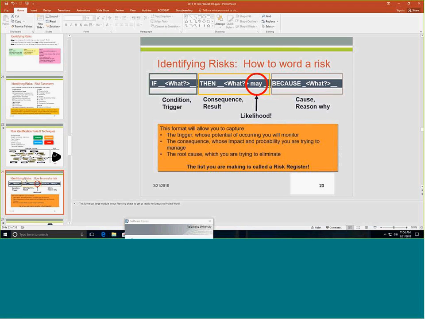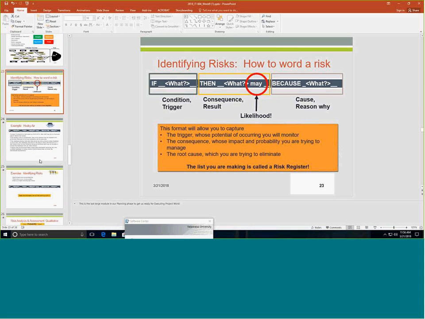Now, as we look at risks, there is a certain grammar that we need to use in order to describe a risk, and we're still in the risk identification stage here. Identifying risks means that we need to understand the condition or trigger, typically the if part of a sentence.